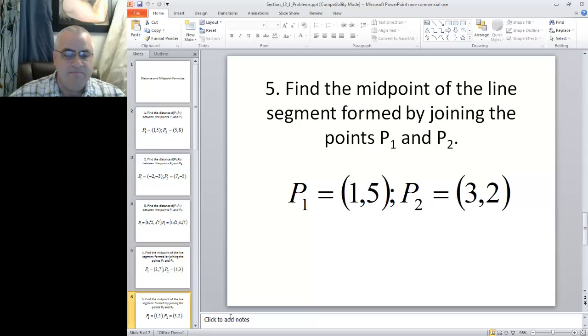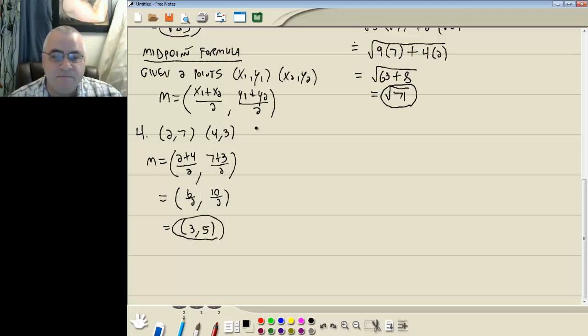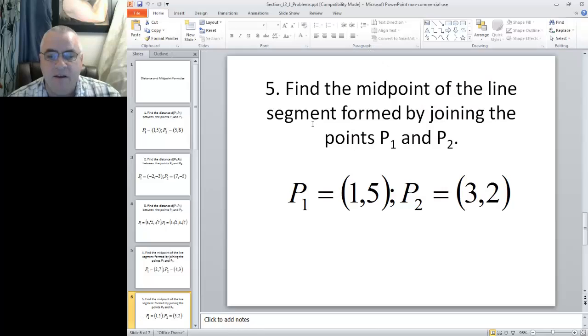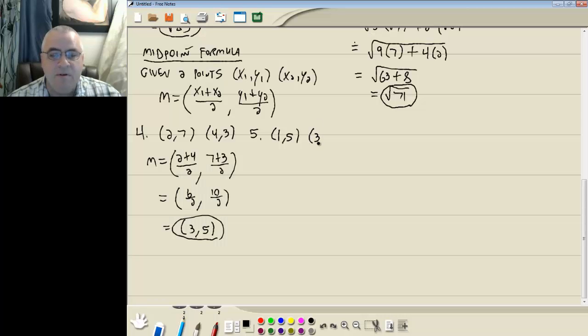Let's take a look at another one here. We got 1, 5, and we got 3, 2. And again, midpoint's a lot simpler. I don't need to put any extra parentheses in usually. You just add together your x parts. So I got 1 plus 3 divided by 2.